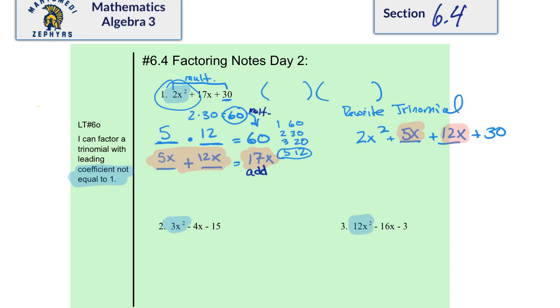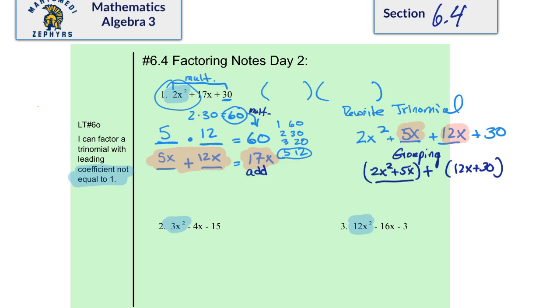Now, instead of being a trinomial, it now is a polynomial with 4 terms. But we are going to make the problem a lot easier. We are going to do grouping at this point. I'm going to take the first 2 terms and group them, and I'm going to take the second 2 terms and group them.